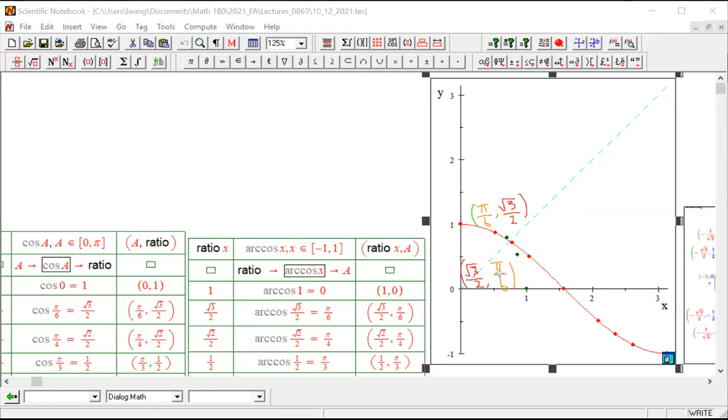This guy is the green, and that guy is the red. Is that clear to everybody? That's the consequence of swap XY. And they're on both sides of the turquoise broken line.